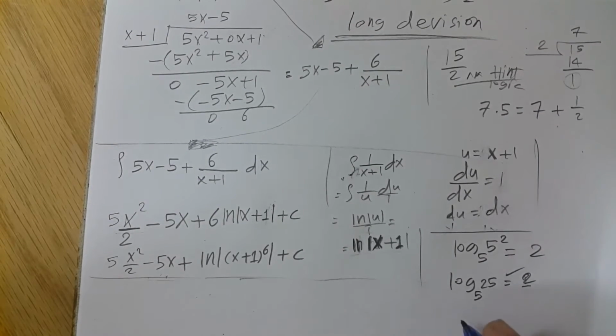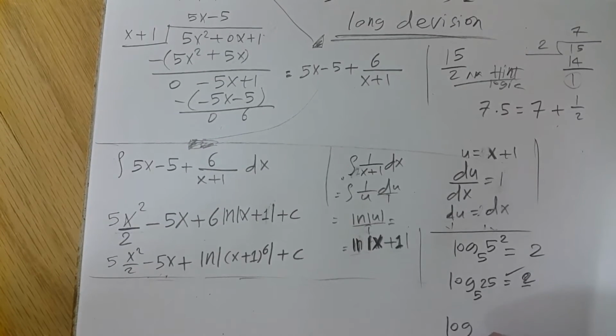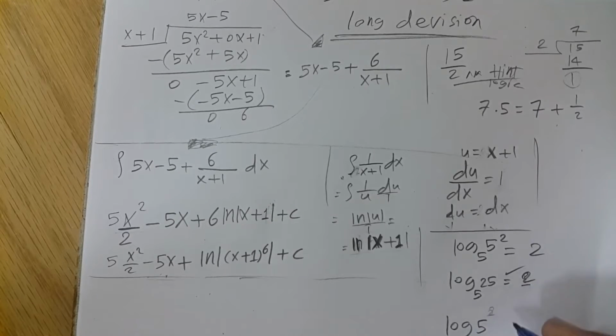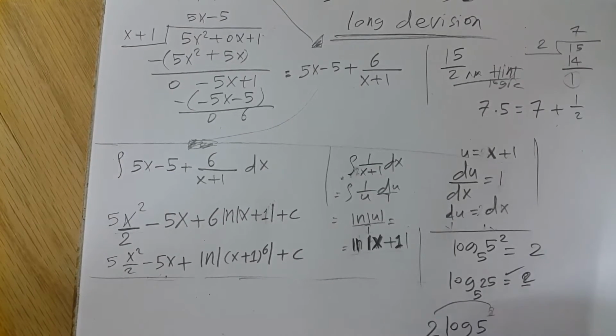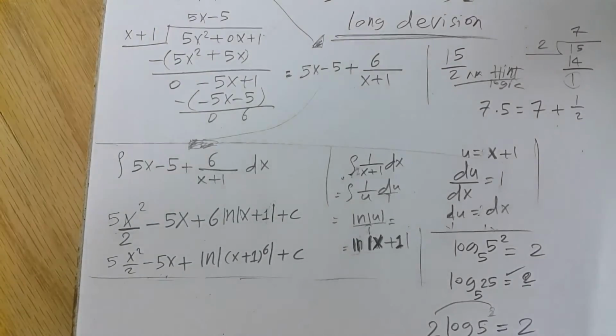Now, what if it was log base 5 of 5, and the 2 here, I will not write 2 here, I'll bring it here? So it will be 2 log base 5 of 5, and the answer will still be 2.